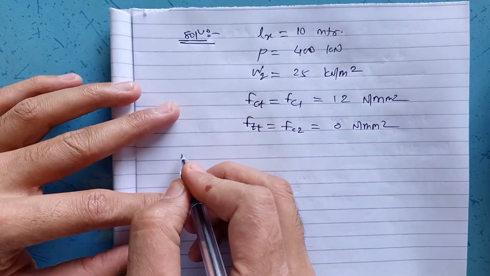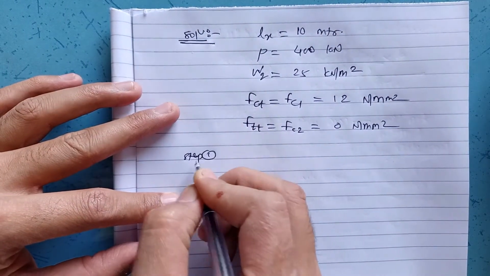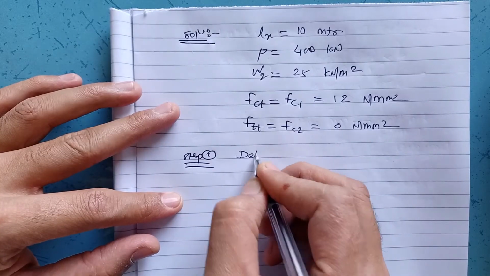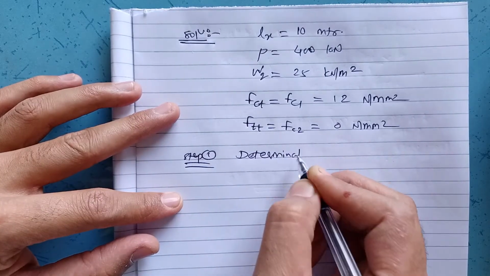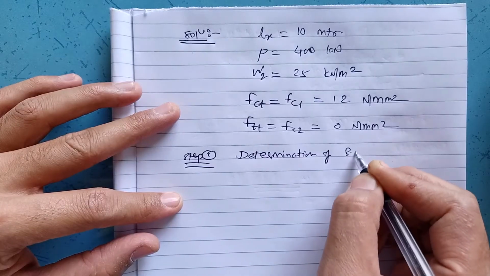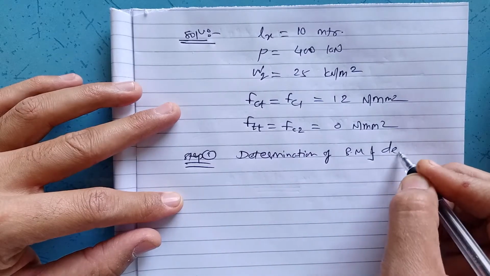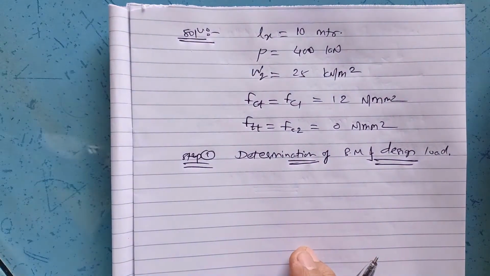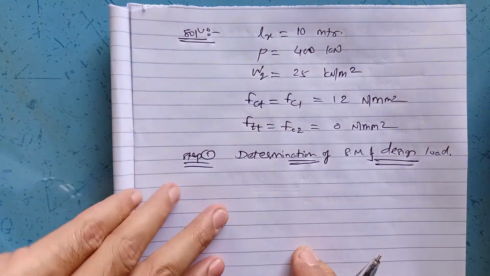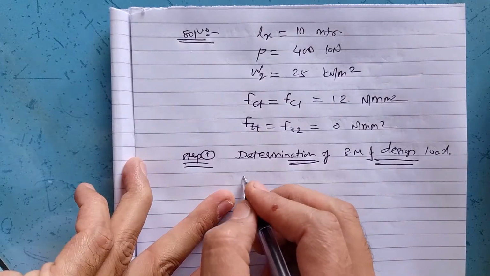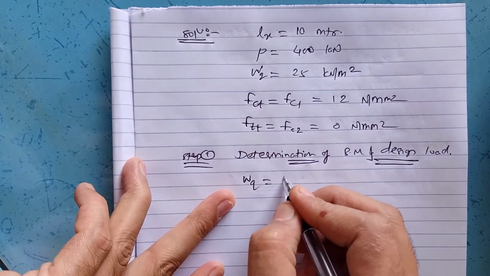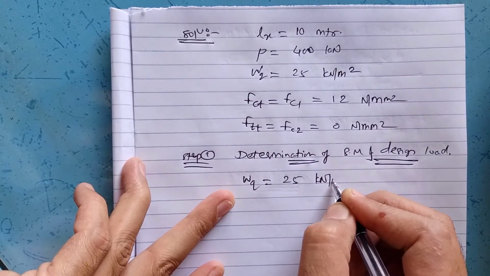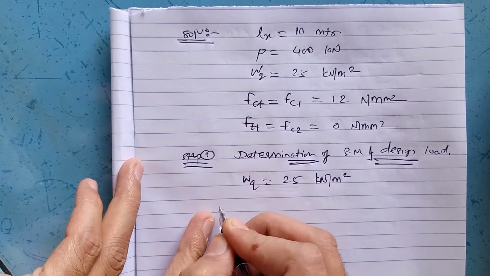Now our very first step is determination of the bending moment and design load. The load intensity on the slab panel was given as 25 kN per meter square.